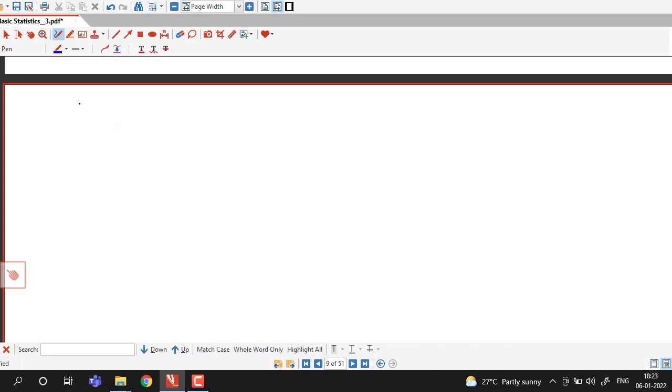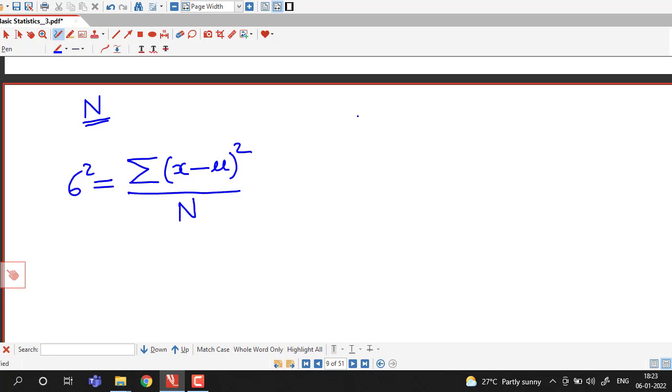We know that if we have capital N number of observations, then population variance is given by sigma square equal to the sum of squared deviations, (x minus mu) whole square, divided by the total number of observations.